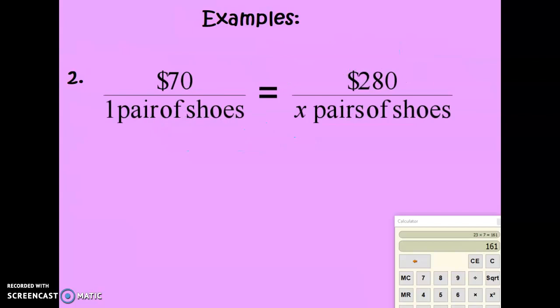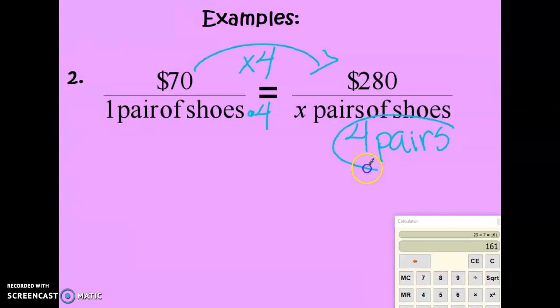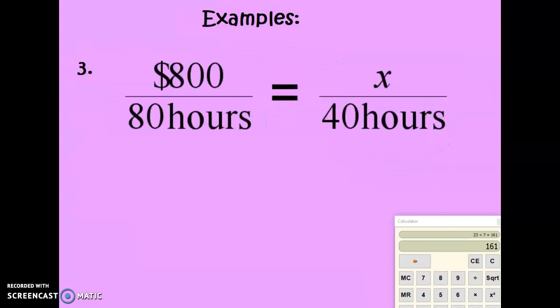Here's another example. Okay, I know 7 times 4 gives me 28, so I know 70 times 4 is going to be 280. So multiplying times 4, I have to do the same thing to my denominator. So 1 times 4 gives me 4 pairs of shoes. Okay? And now we have another example, $800 to 80 hours.